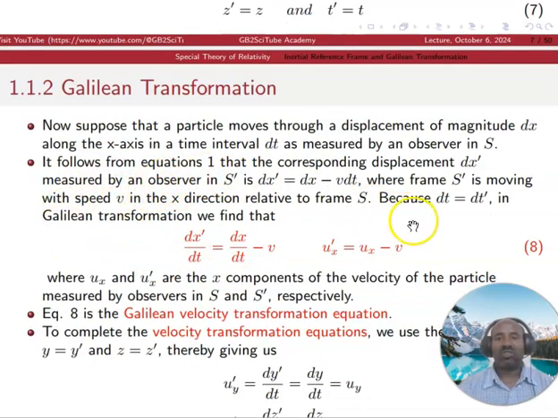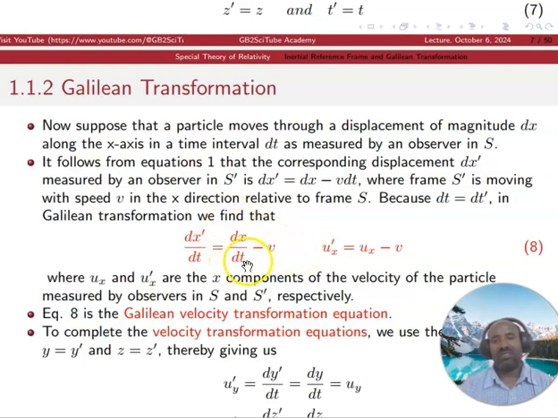The Galilean transformation of velocity can also be obtained from the position transformation. We know that x prime is x minus vt. If you differentiate, dx prime by dt prime, or dt, because t and t prime are the same, is equal to dx by dt minus v.